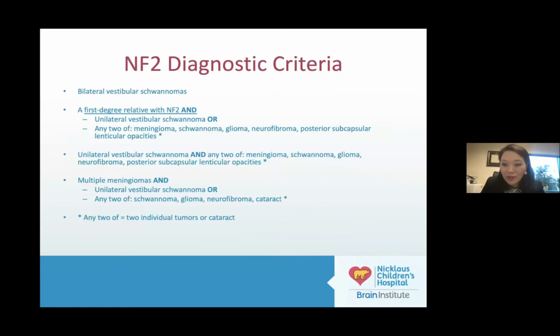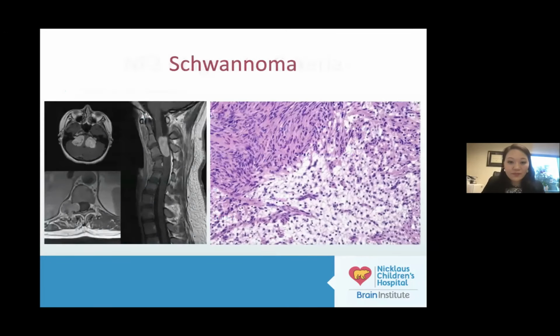This is the diagnostic criteria of NF2. The patient will either have bilateral vestibular schwannomas or a combination of relatives with a unilateral vestibular schwannoma and any combination of the other tumors that we have previously spoken about.